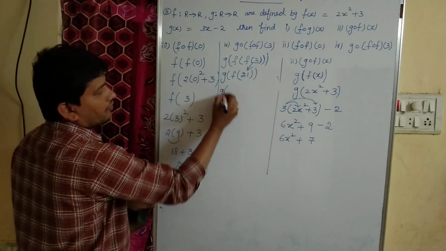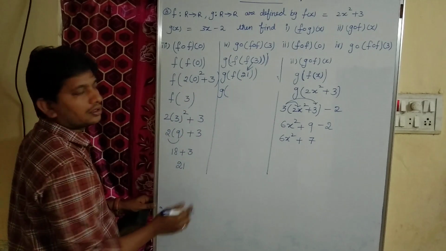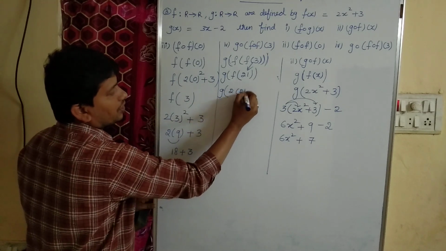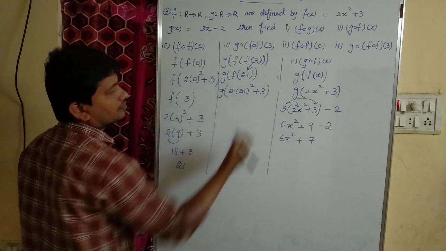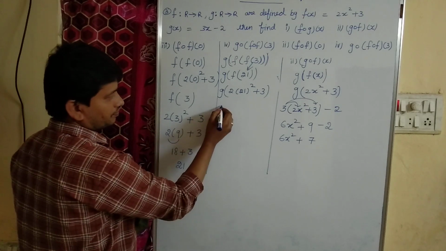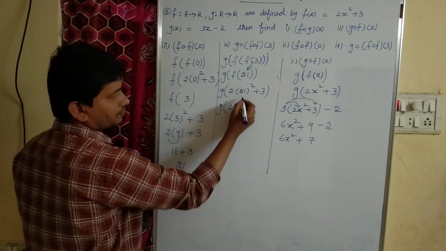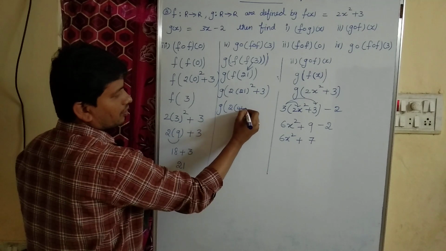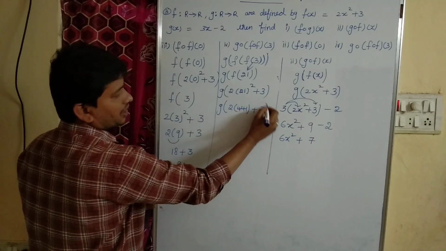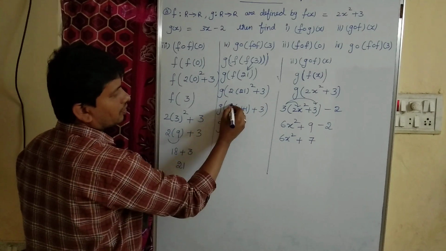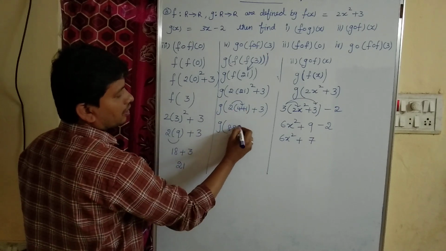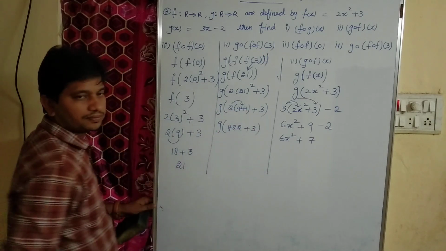Now the g of x formula. I mean 2 into x value 21 whole square plus 3. g of 2 into 21 square, 441, plus 3. g of 2 into 441, 882, plus 3.